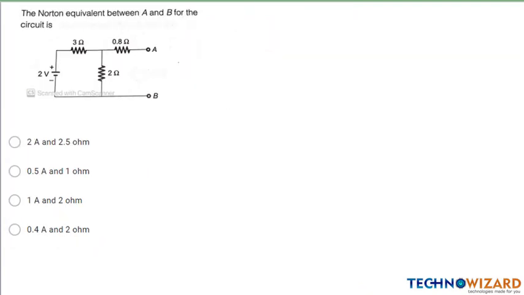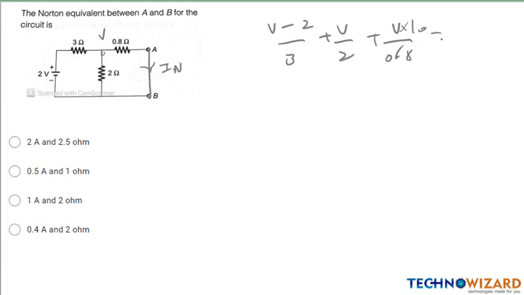Next question, we have to find the Norton equivalent here. For Norton equivalent, we have to short circuit the load and find the current IN. Now I am applying nodal analysis. This is our node V. V minus 2 upon 3 plus V by 2 plus V upon 0.8. I am neglecting this point and taking 10 here. 10 upon 8 is equal to 0.